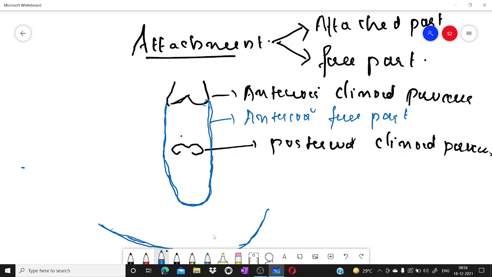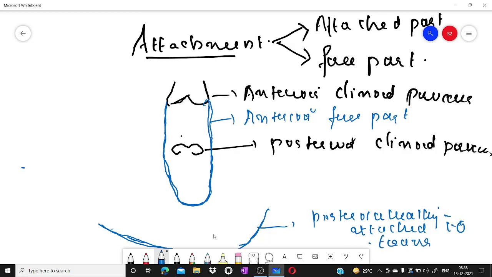Posterolaterally, it is attached to the transverse sulcus on the occipital bone, and also to the posterior inferior angle of the parietal bone.